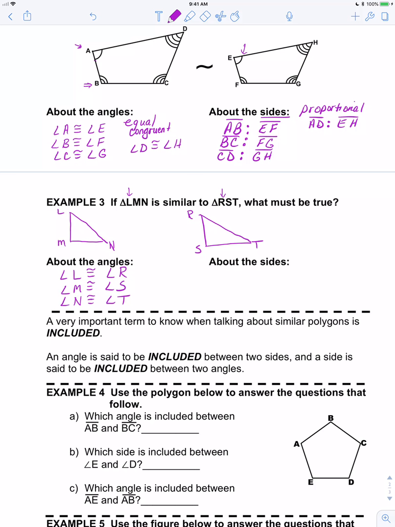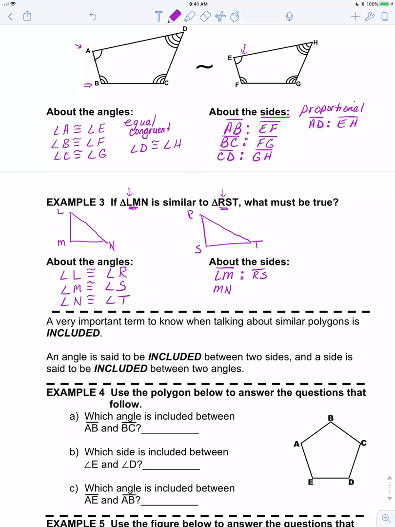And we can say the same things about the sides. Remember, we didn't even have to draw these because we can just look at the order. So side LM, and if I just look at the side over here, would be proportional to side RS. And so we can make all of these.